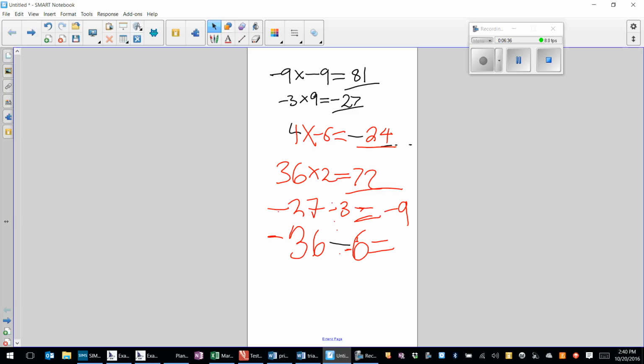Negative 6. What is 6 times 6? So it would be negative 6. Is that negative 6?